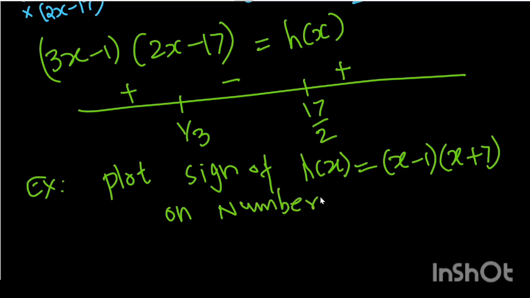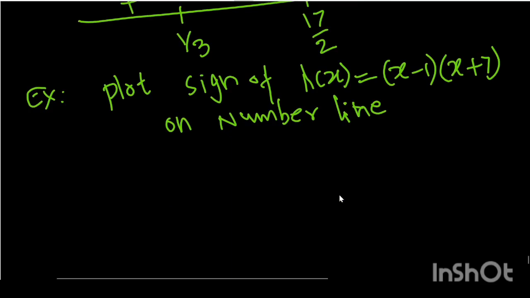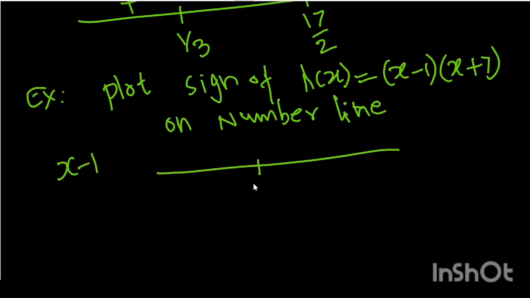The same way as you did, the same question I am asking you guys on the number line. So what you will do, guys, we will plot each one of the linear expressions. For x minus 1, it vanishes at x equals 1. So I will plot 1 here, and again write plus and minus.